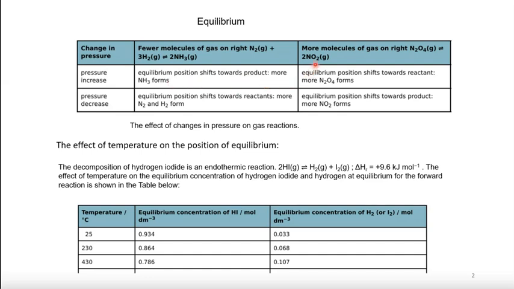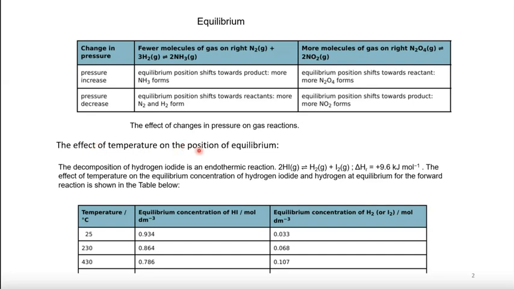If we take another reaction, nitrogen dioxide to dinitrogen tetroxide, the equilibrium shifts towards the reactant, and more nitrogen dioxide forms if we decrease pressure. Similarly, if we decrease pressure for the first reaction, the equilibrium position shifts towards more nitrogen and hydrogen.